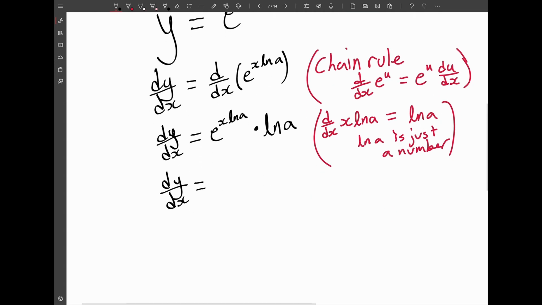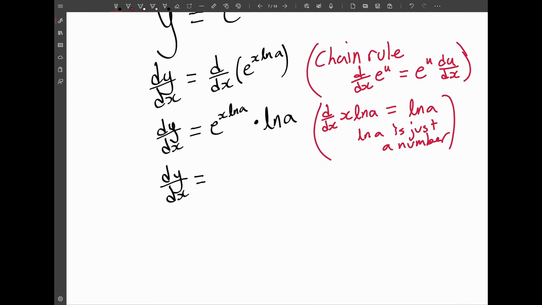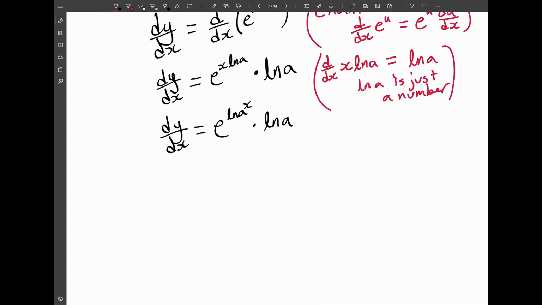All right, now what I can do is switcheroo this for a second and throw that x back as an exponent of a. And now that I've done that, I can very conveniently say e to the ln a to the power of x is just a to the power of x times the natural log of a.